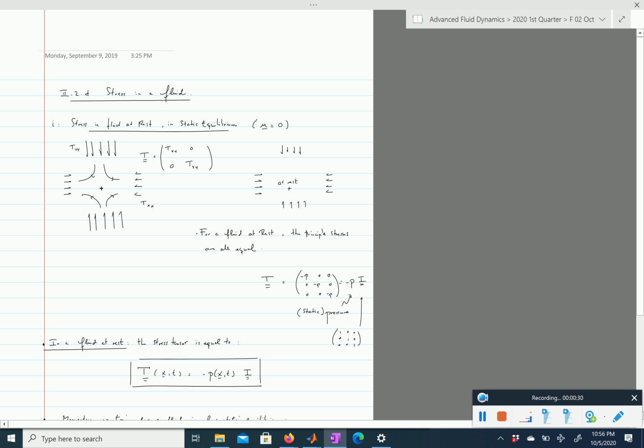And what we discussed is if we're thinking about a piece of the material of a fluid which is under stress, in static equilibrium, then the stresses from all directions have to be equal, otherwise the fluid would flow.